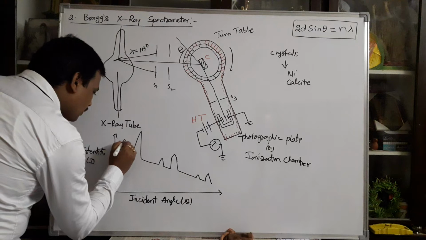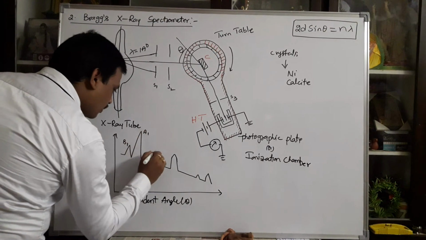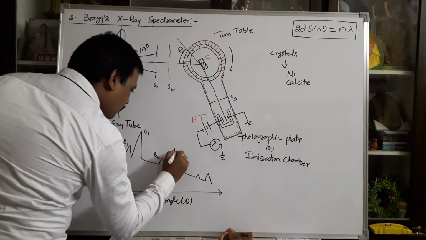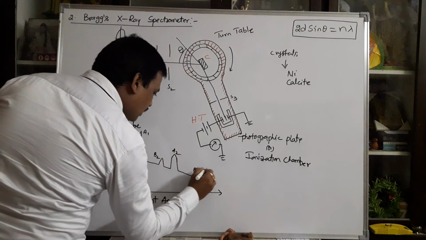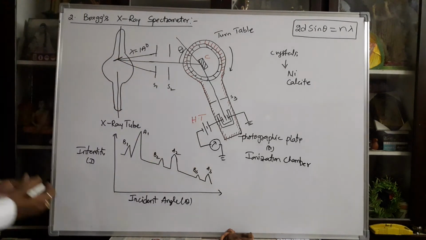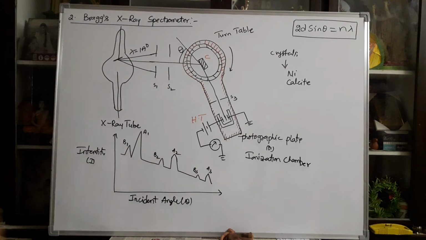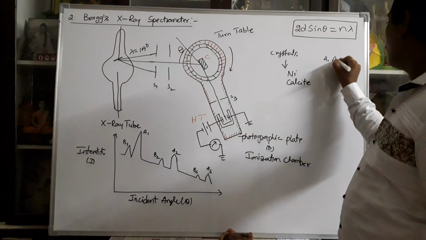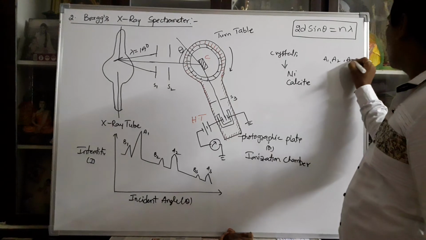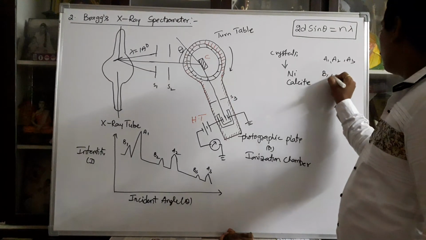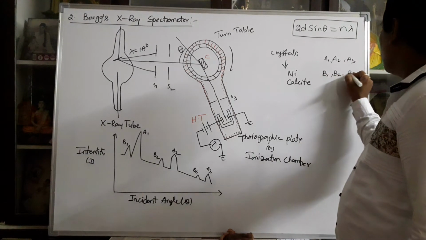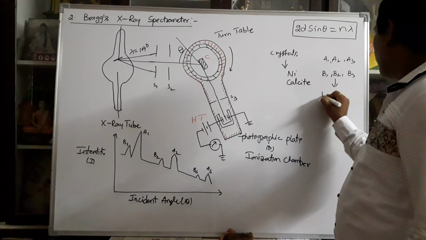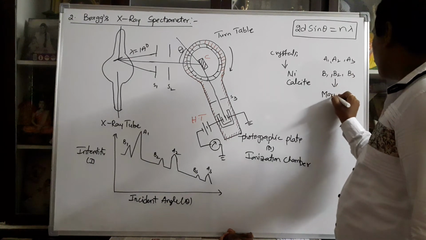This is B1 A1, B2 A2, B3 A3. What are B1, B2, B3, A1, A2, A3? A1, A2, A3 and B1, B2, B3 are maximum values.